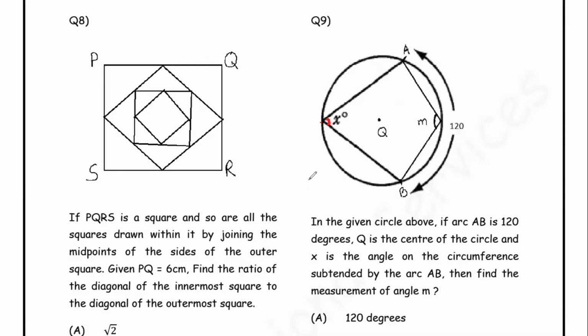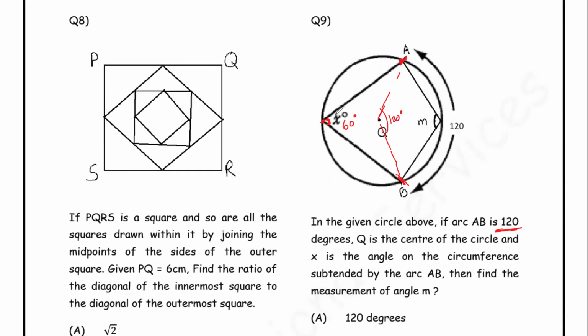So if you remember the cyclic quadrilateral concept, first of all, there's the cyclic quadrilateral concept and the circle concept also. If arc AB is 120 degrees, that means it is subtending an angle at the center which is 120 degrees. Therefore, the angle subtended on the circumference is half of this 120 degrees.